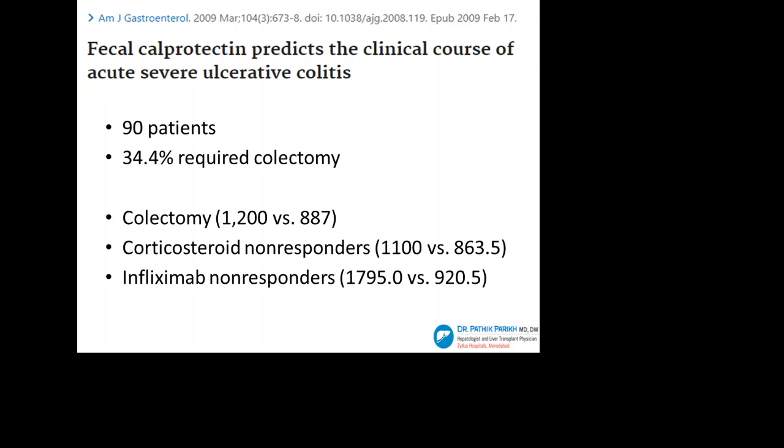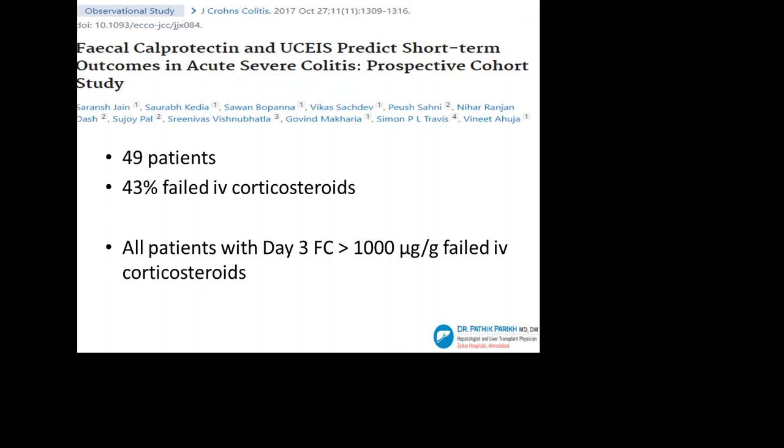In this study, which is quite old, 90 patients were included, out of which 34% required colectomy. And if they compared at the time of admission, the patients with more likelihood of colectomy, corticosteroid non-responders or infliximab non-responders, had significantly higher levels of fecal calprotectin compared with those with responsive disease.